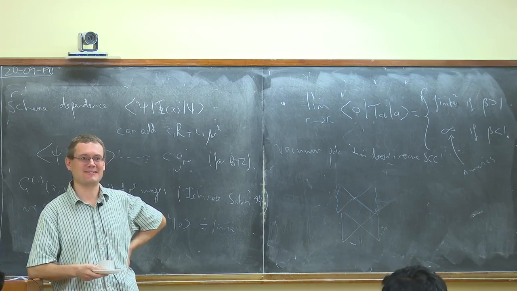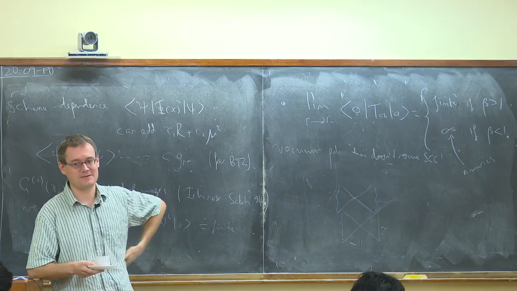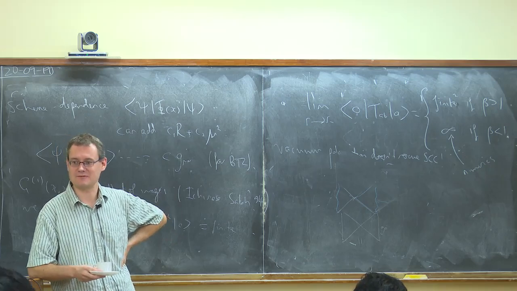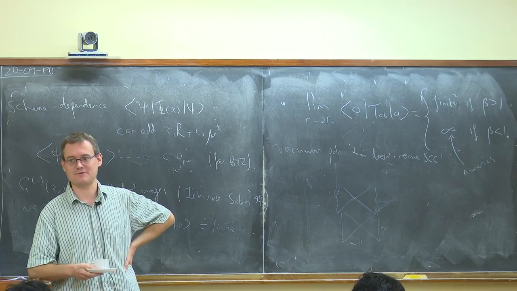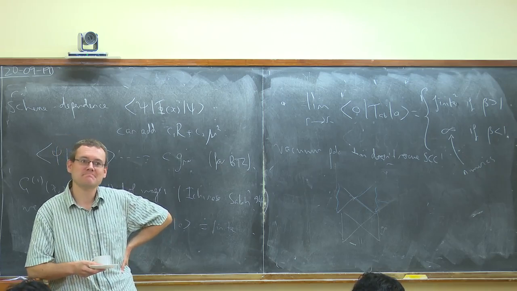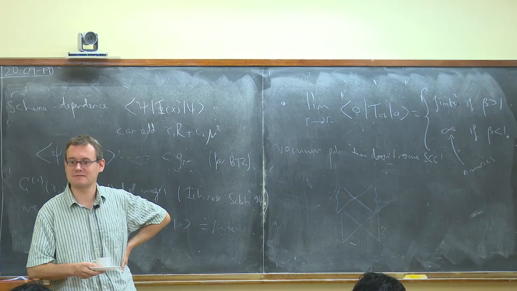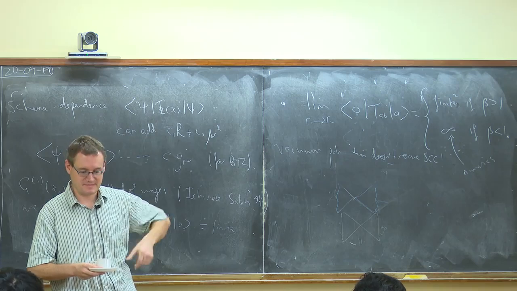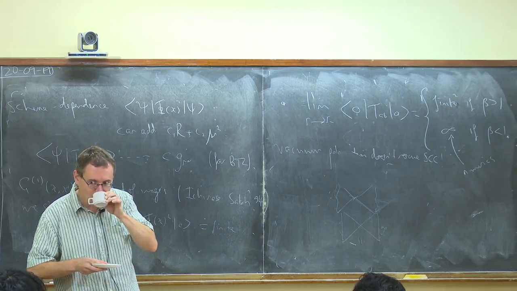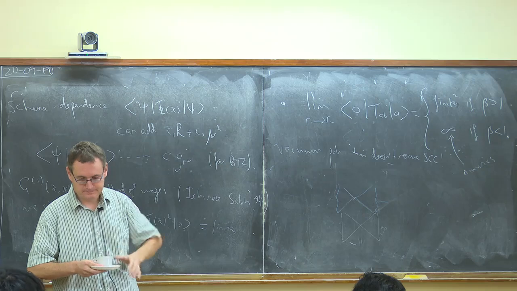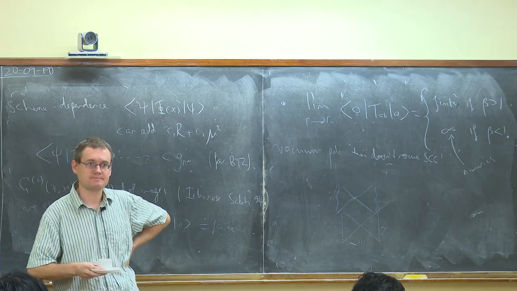I agree, if you modify the late time behavior in the bulk, it will solve the problem. You could also solve the problem just by saying, I'm going to turn on a source on the boundary which has power law decay. That would also rescue things. No, I agree. But this is something which is forced on you by unitarity. Unitarity forces you to have this e to the minus S by 2 at late times, so it's not something we're doing ad hoc. But I agree, we don't know how to model it in detail.